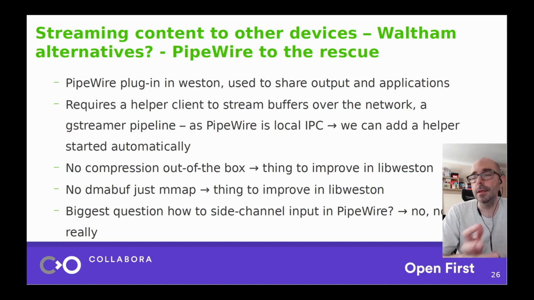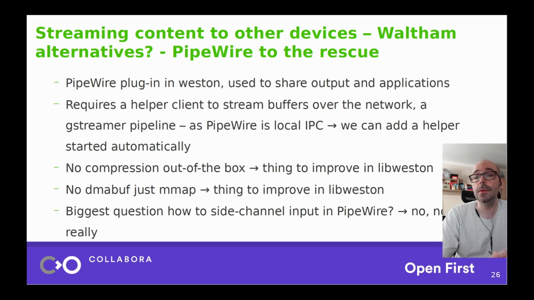But that would be rather easy. It would be similar to what we did with the gRPC proxy helper client. The compositor will start up this helper client and it will basically be the same. We don't have any compression with PipeWire, so this would be a thing to improve upstream in Weston. There's no DMA-BUF. We're just doing a map.